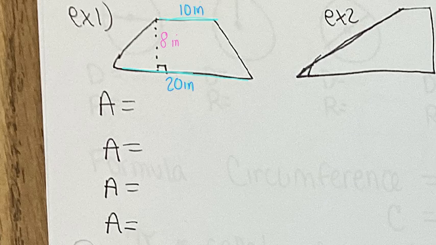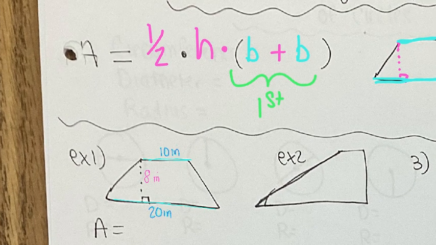Okay, so the first line, let's look back at our formula. In the blank first goes the 1/2. So I'm going to write 1/2. In the blank next goes a multiplication sign. Then I want the height number. Out of these 3 numbers, 8 is the height.